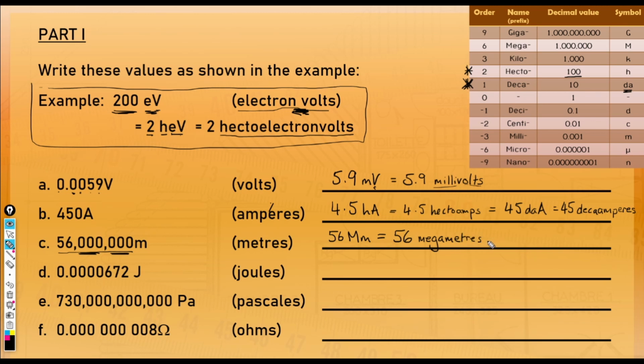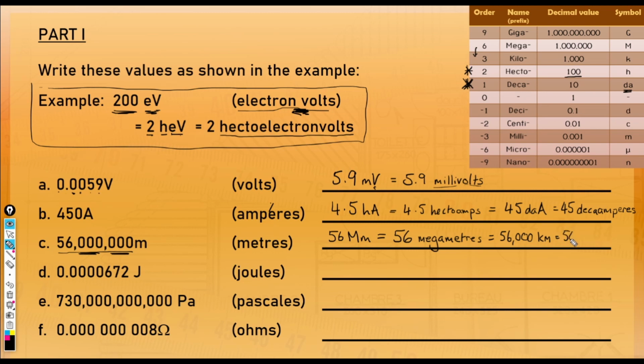Now, if we wanted to use, let's say, a smaller order of magnitude, we don't have any names going down unless we go all the way down to kilo. And so if I wanted to say this was kilometers, we would have to say this is 56,000 kilometers.